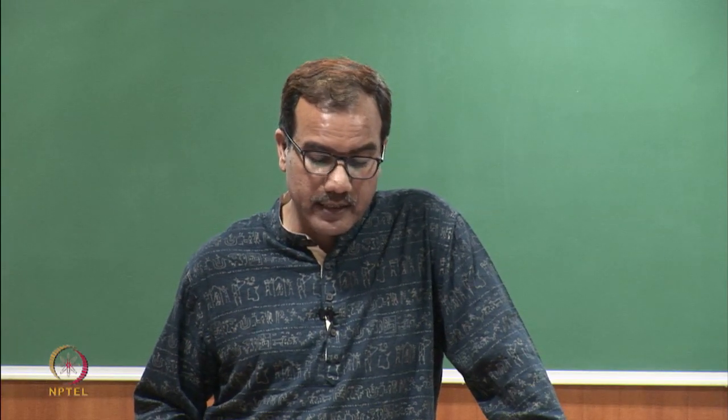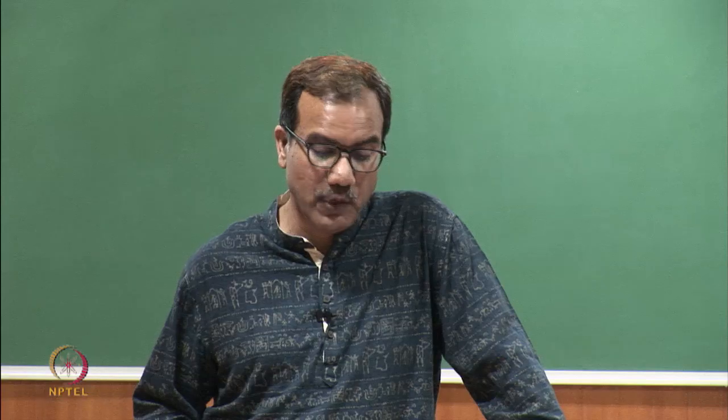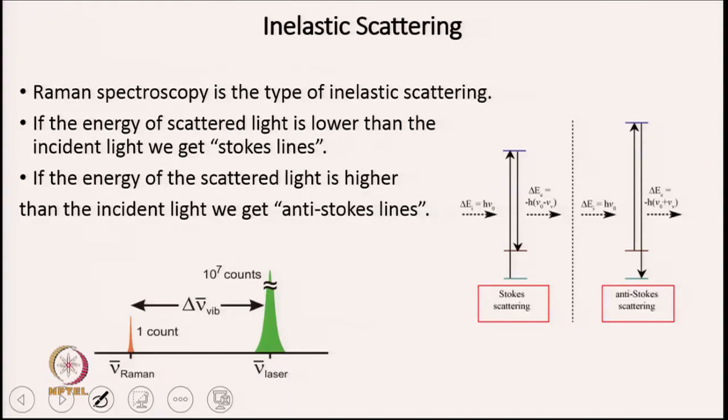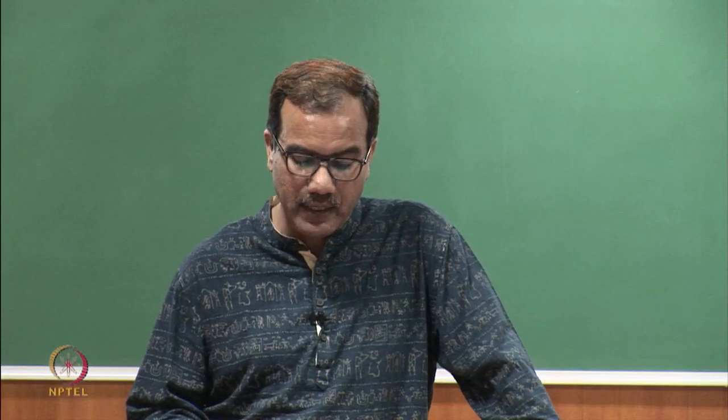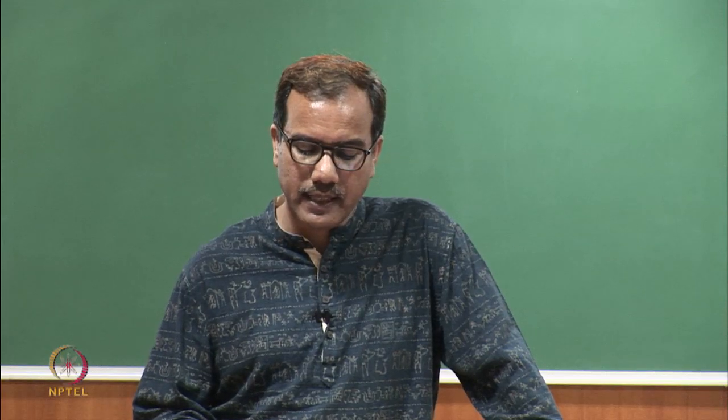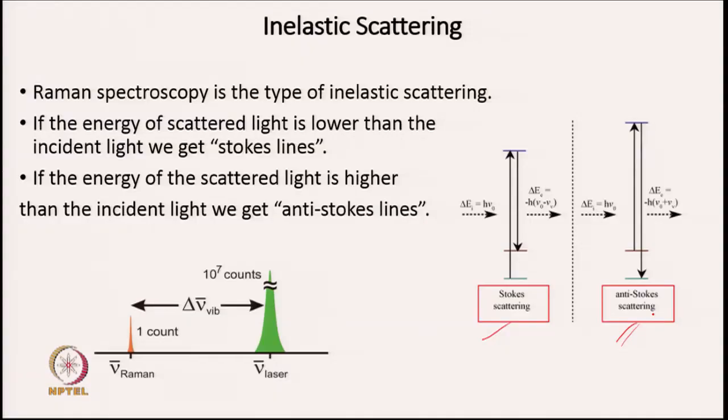In inelastic scattering, the most important one is Raman spectroscopy. It is a type of inelastic scattering. If the energy of the scattered light is lower than the incident light, we get Stokes lines. So, there are two different kinds of scattering in Raman spectroscopy: one is Stokes scattering and another is anti-Stokes scattering.